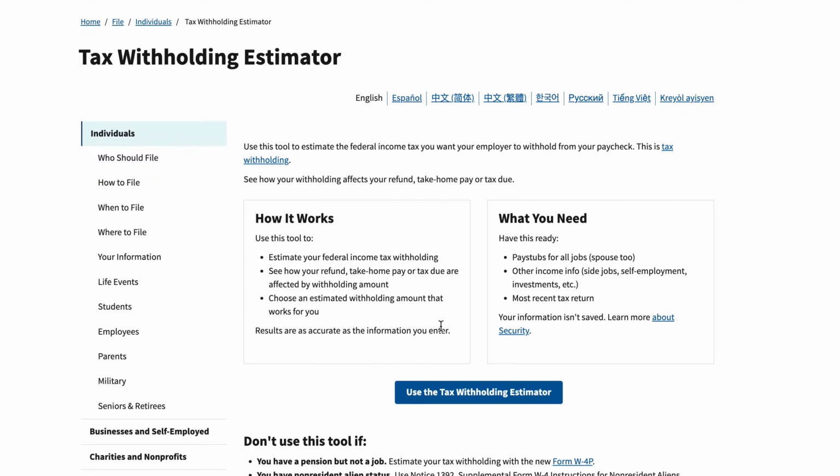Basically, this tool estimates your federal income tax withholding as it currently stands, takes a look at a rough estimate of your tax situation, and then determines an estimated withholding amount that should work for you.